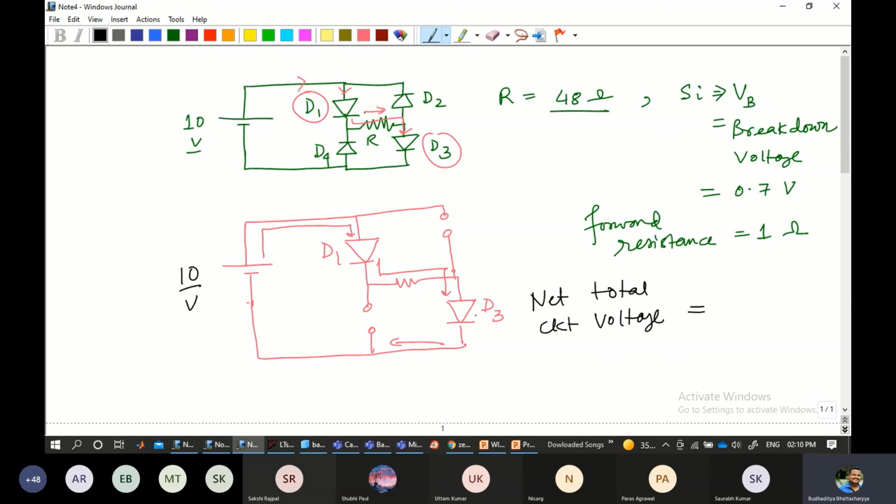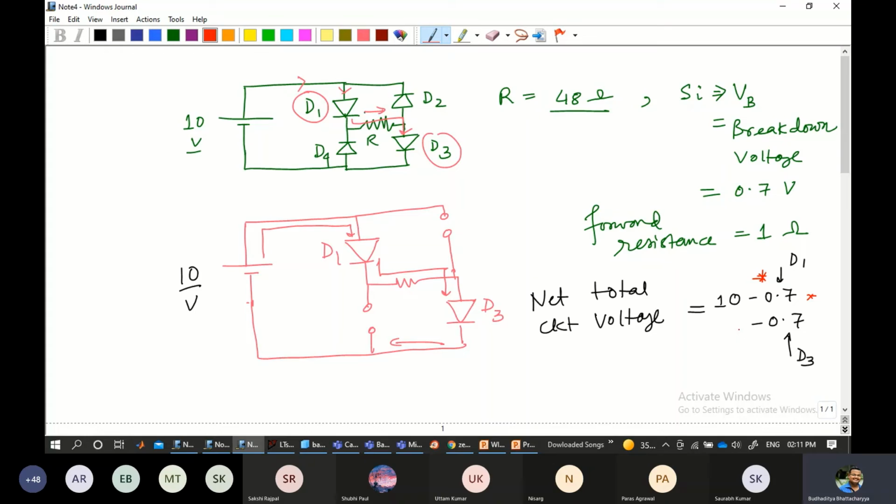But as we have two diodes and both have a particular breakdown voltage, while calculating the total net voltage across the circuit we have 10 minus 0.7 minus 0.7, because one has come from D1 and the other from D3. As the current is passing through these two diodes, there will be two drops which we need to consider.